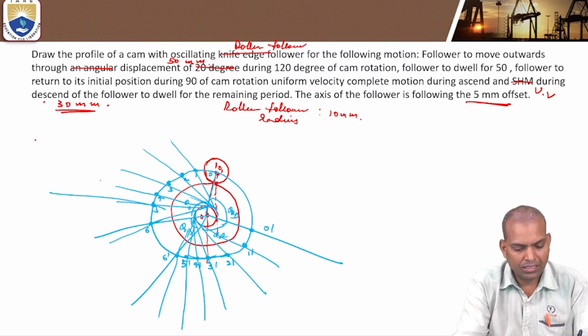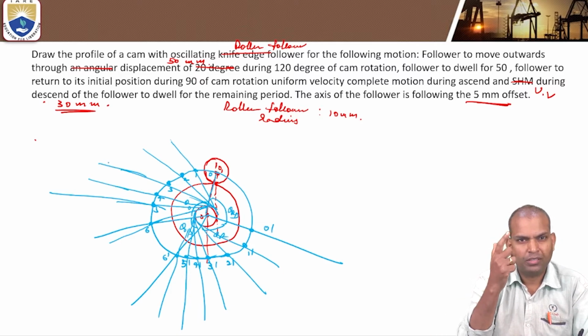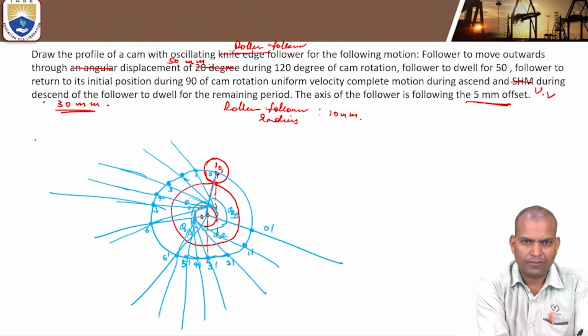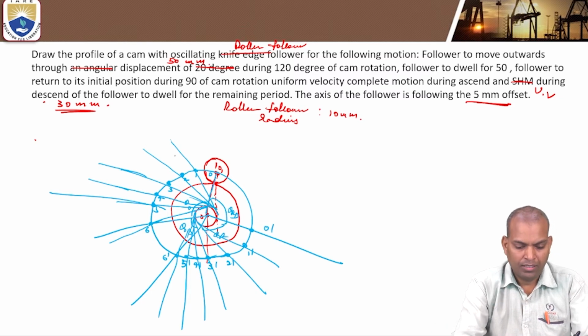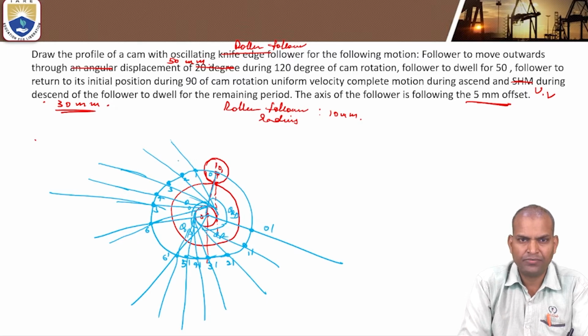So on these tangential lines, it is the locus of the roller during offset. So on these tangential lines we will mark the displacement. That displacement point gives the center of the roller.